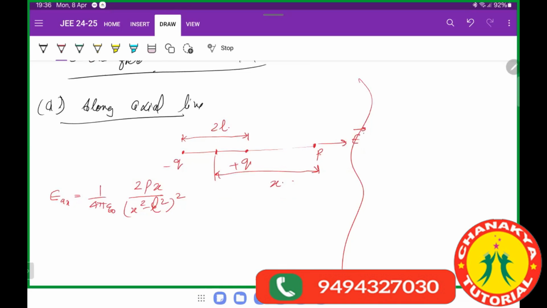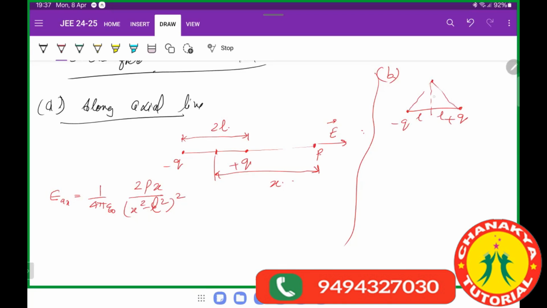Now, in a similar way, if we have plus q and minus q, and a point not on the axis, at distance x from the center, with L on each side, this is point P. For this, the electric field at the equatorial point equals 1 by 4 pi epsilon naught, same as usual, p by (x square plus L square) to the power 3 by 2.